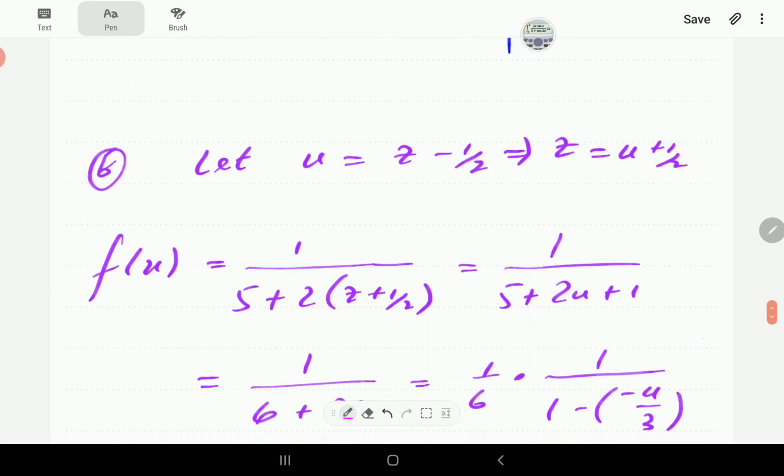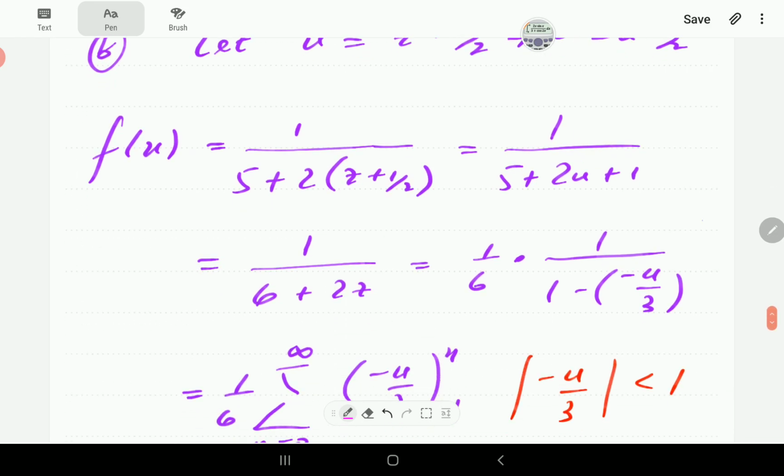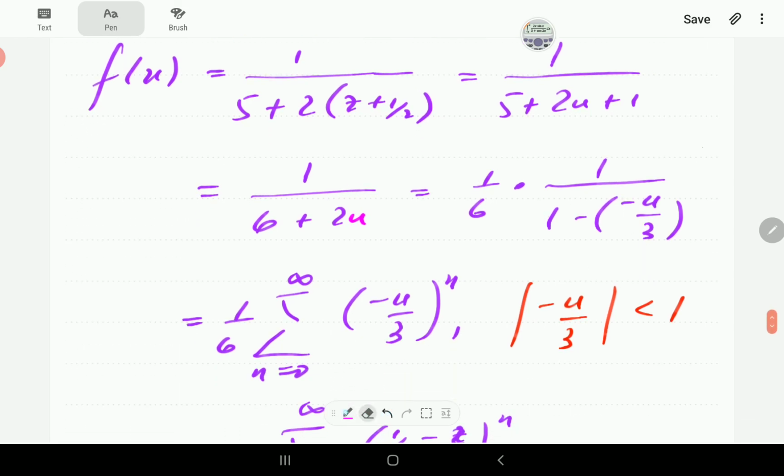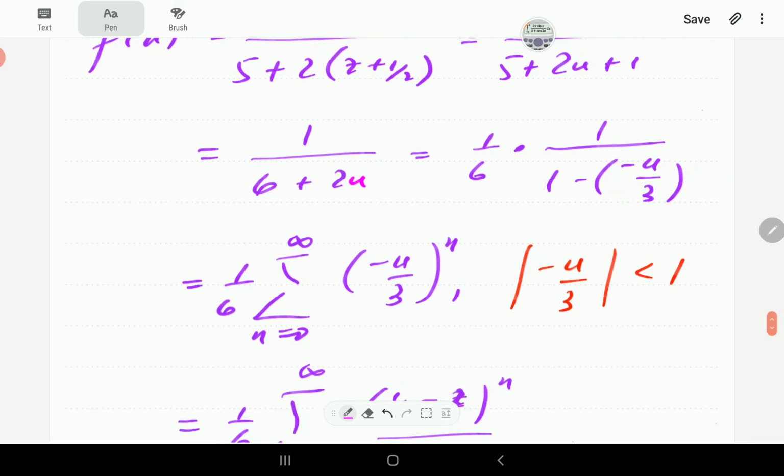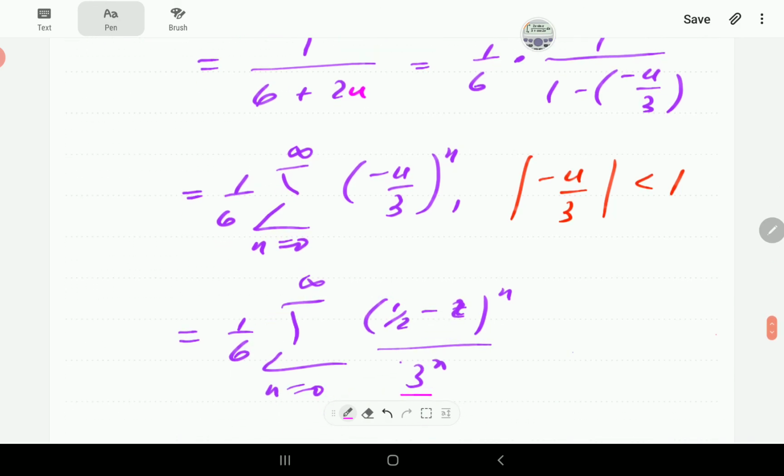For part B, we are now centered at z equals 1/2. So let u be equal to z minus 1/2. Then expressing f in terms of u, this is a mistake here, that should be, becomes 1 over 6 plus 2u, and then we'll write this in terms of 1 over 1 plus w, and it turns out our w is negative u over 3, and so this is going to be our sequence.